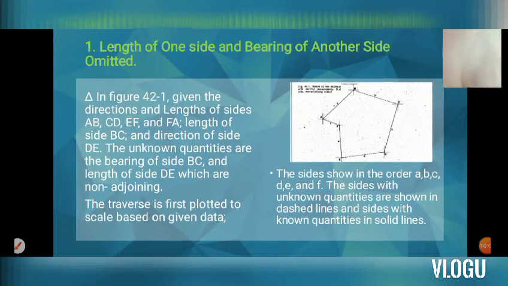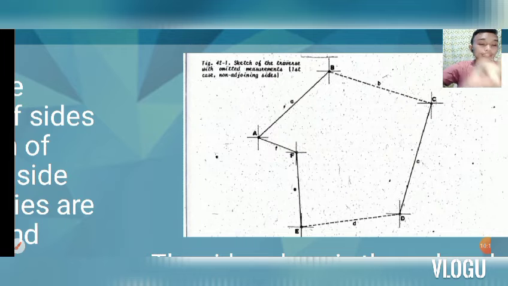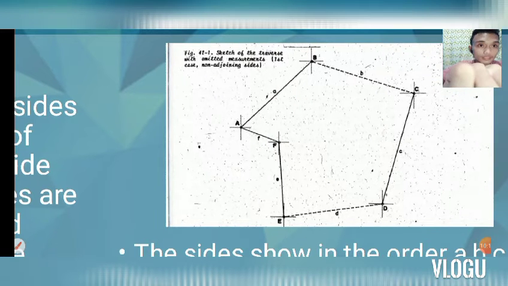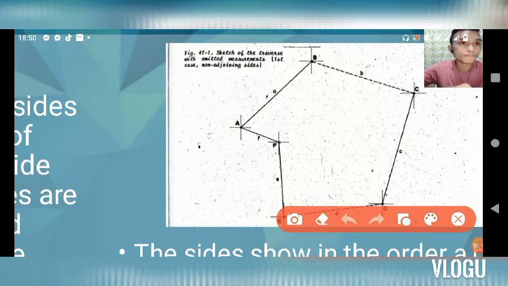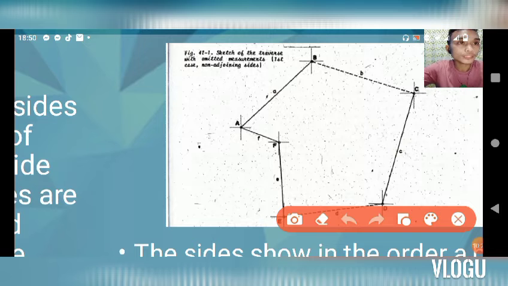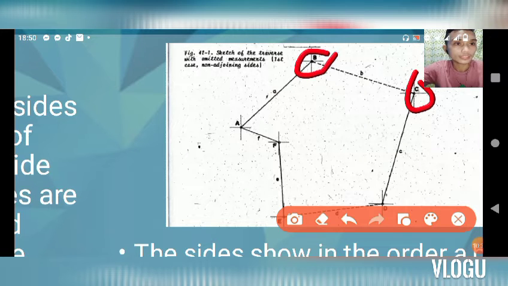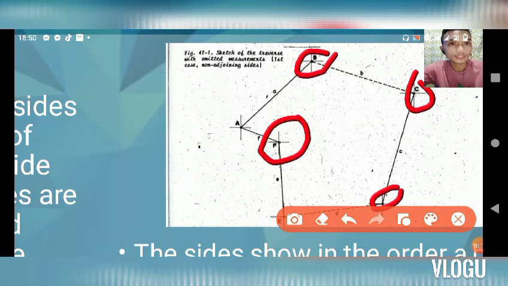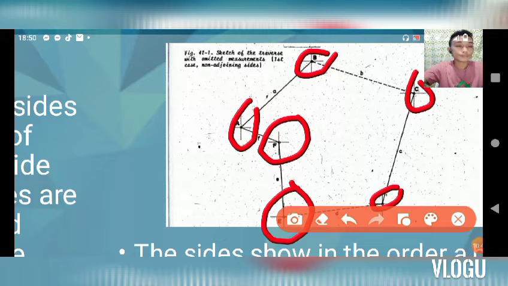So here is the given data. Wait, we have to zoom in so we can see. We need to point out the numbers here. Here, this and this are our bearings.